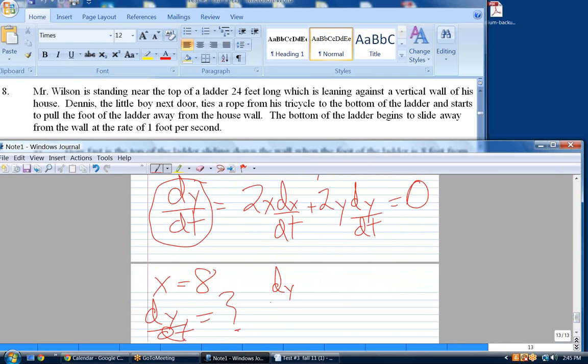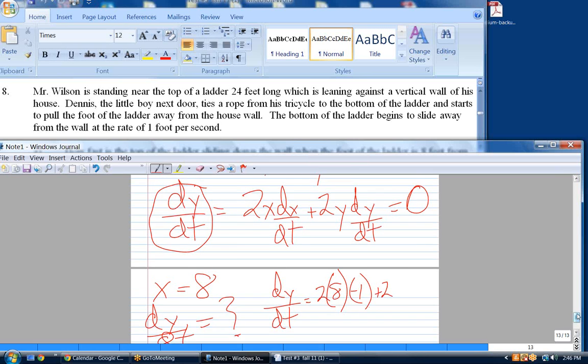dy/dt is equal to 2 times x, they're telling us, is 8. dx/dt is -1, plus 2 times y. Well, we've got to solve for y.